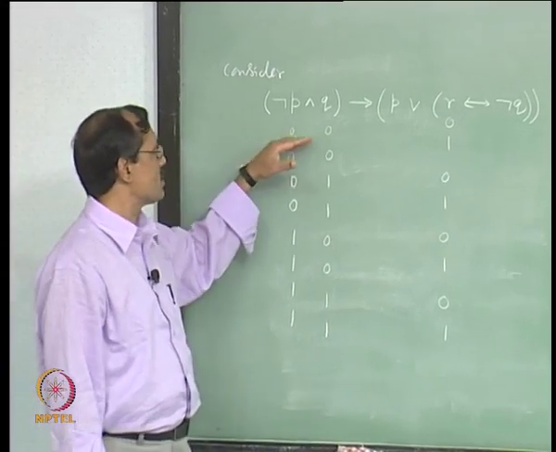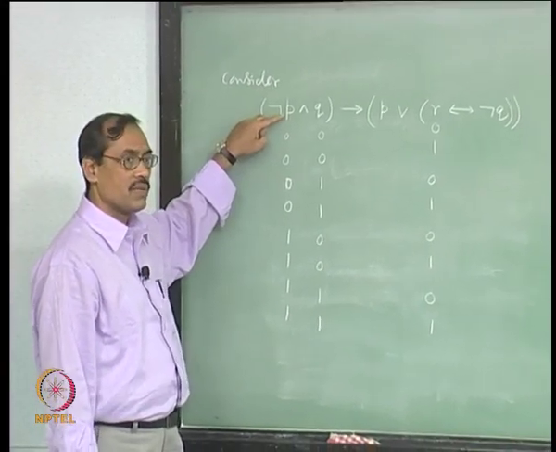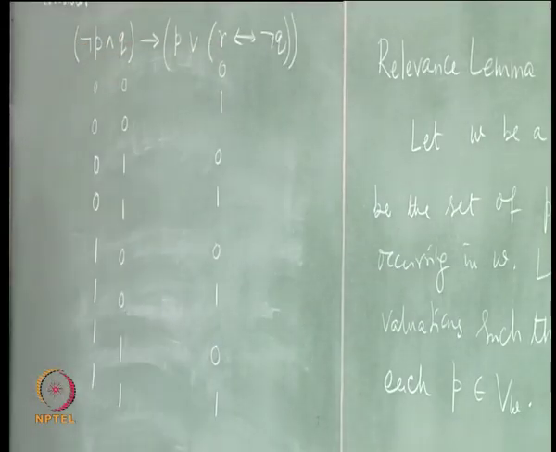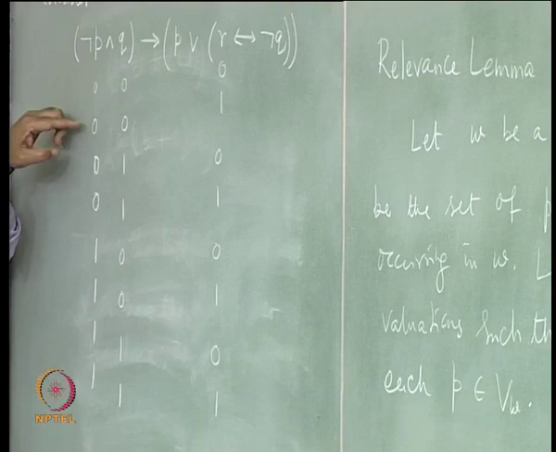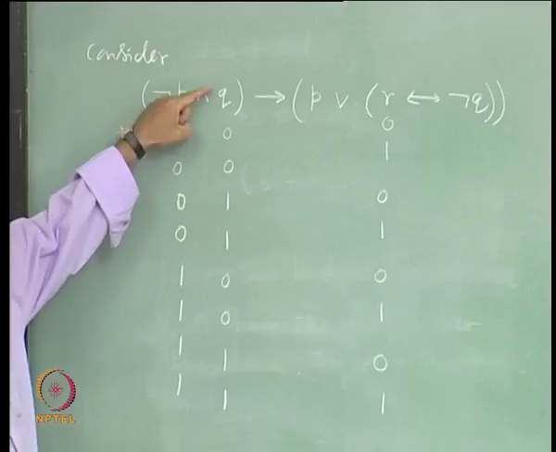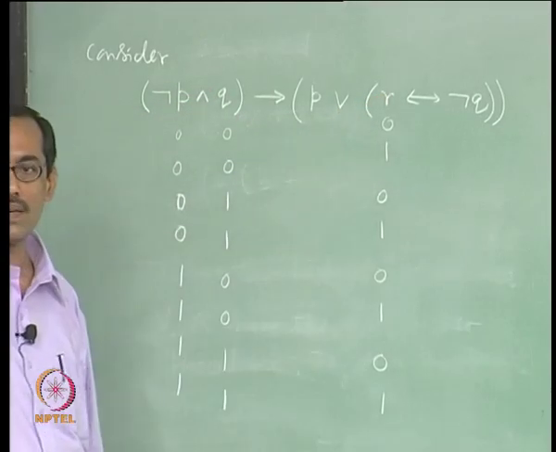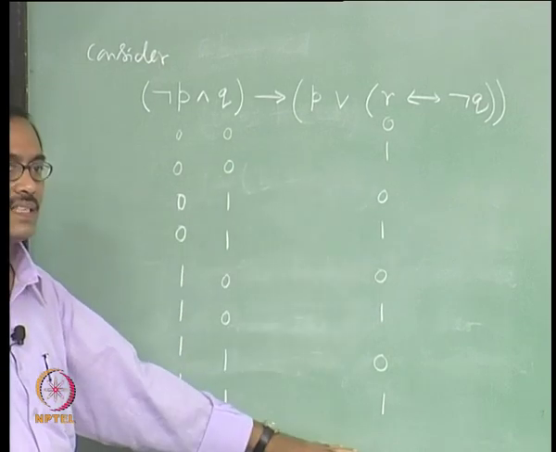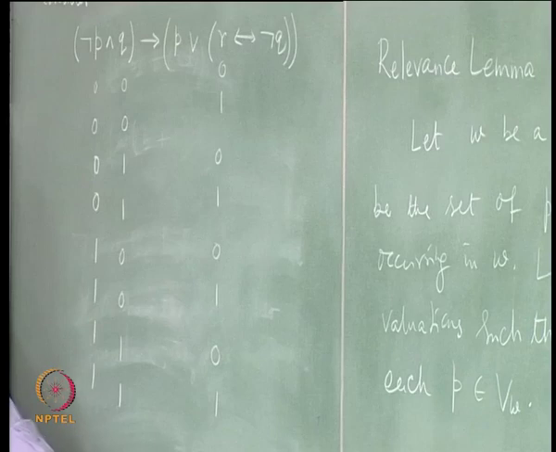So, first row says it is an interpretation which gives 0 to p, 0 to q, 0 to r. Next row says it gives 0 to p, 0 to q, 1 to r. So, there is some difference. That is how these are 8 possible different interpretations in this context.